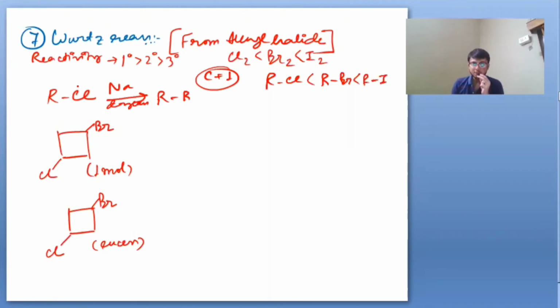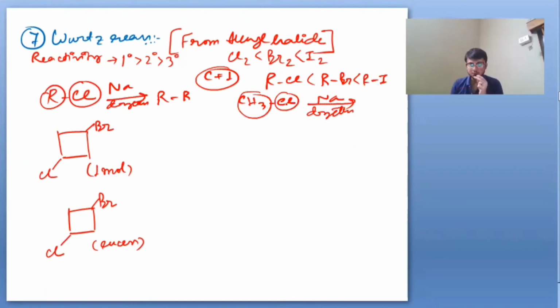That is, just separate this Cl and R, okay, and add another R with this R. That means let us take it for CH3, that is CH3Cl is given. So now in the exam they give you Na dry ether, so you know that this is Wurtz reaction. So what we have to do, you just separate this CH3 and Cl in 2 parts and add the other CH3 with this CH3. Okay, so that will give us C2H6. So that is our product. So that's how we do our Wurtz reaction.